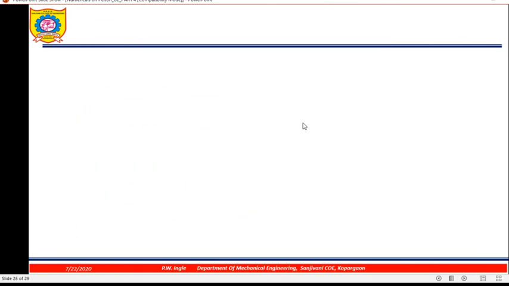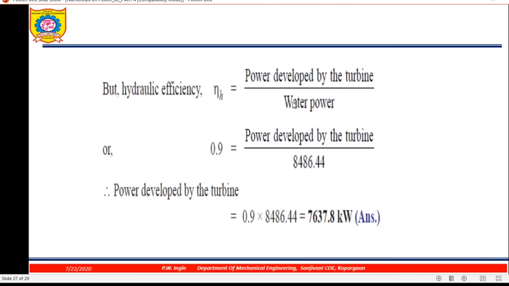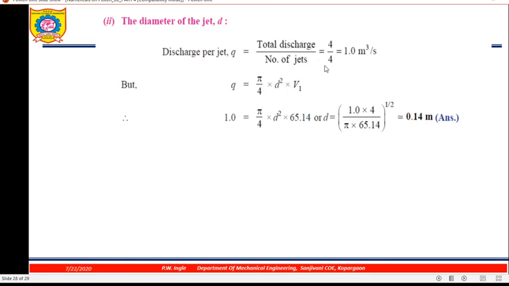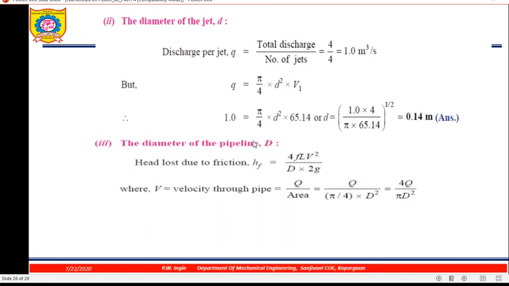So that's why it is 4 by 4, so 1. So q equal to discharge of 1 jet, small q, equals pi by 4 d square into V1. So we get the value of small d here.